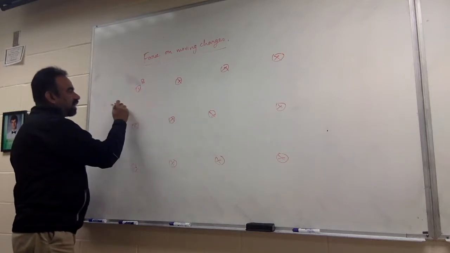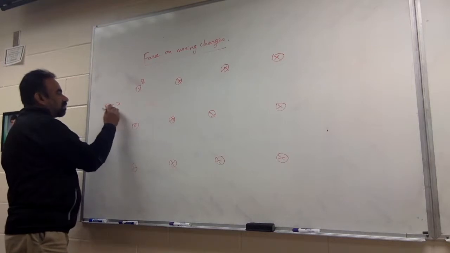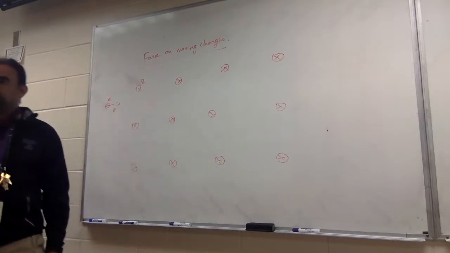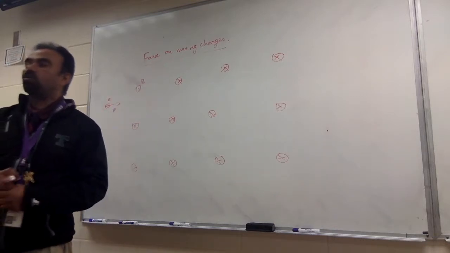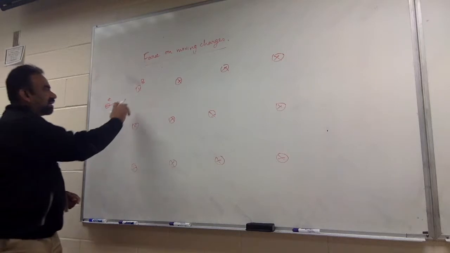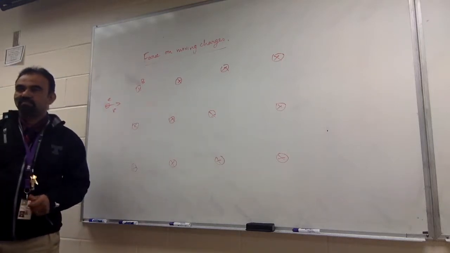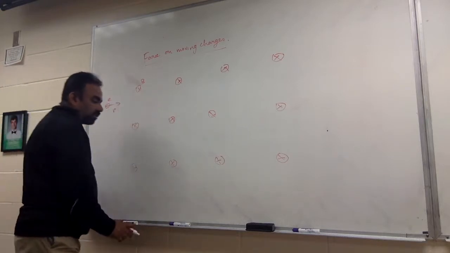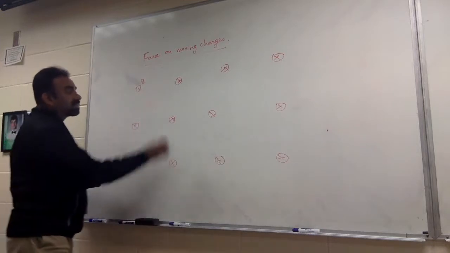An electron is shot into it with a speed v. So if you shoot the electron right into the magnetic field, what will happen to this electron as it enters the magnetic field?